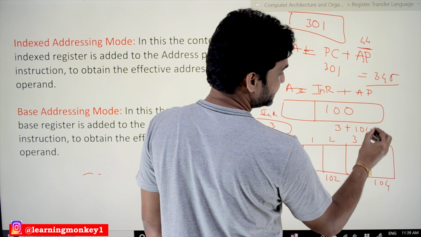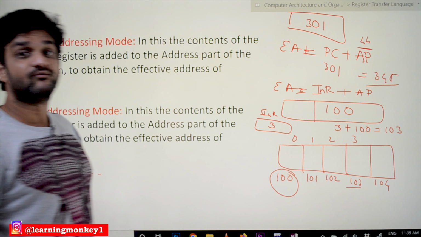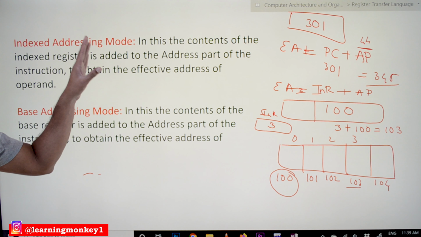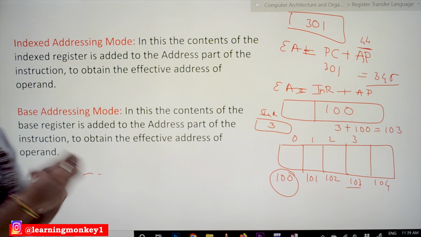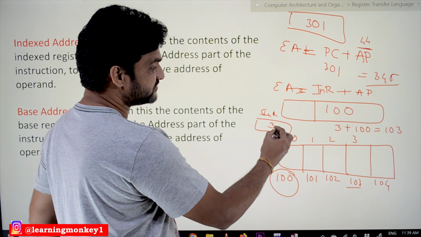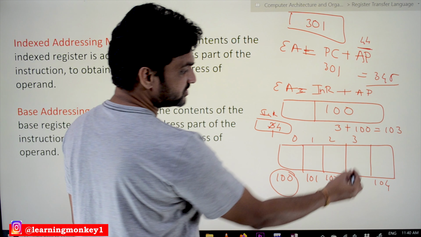The address part is 100, which generates the effective address 103. This is how the index addressing mode helps us in fetching the values of the array. As we increment this value from 3 to 4, the next address that we fetch is 104.